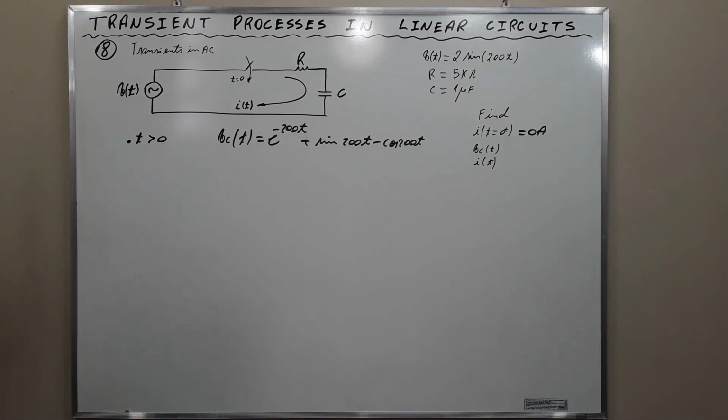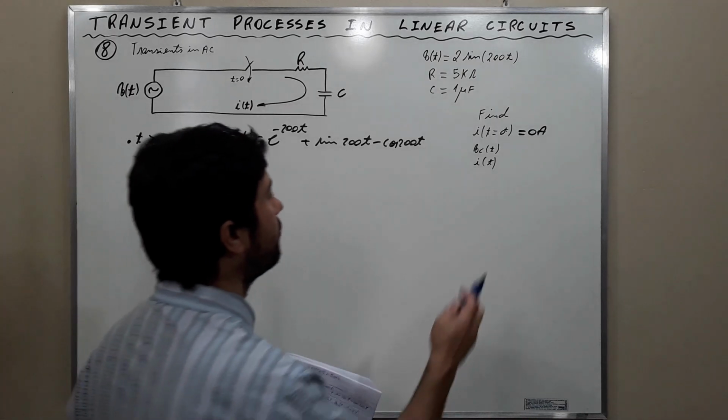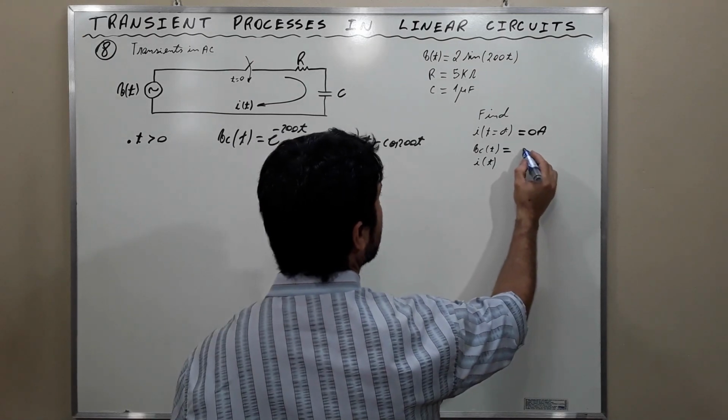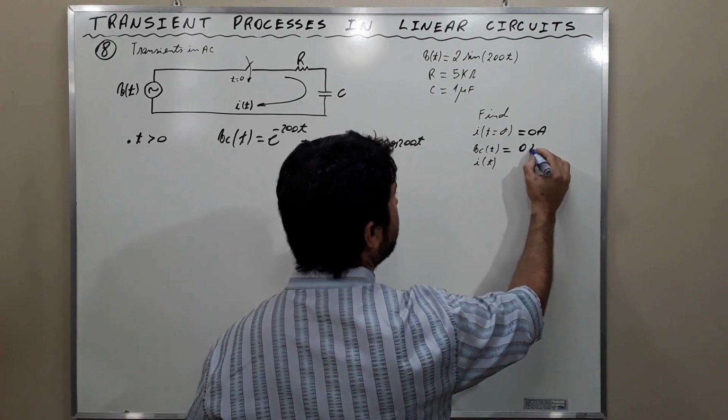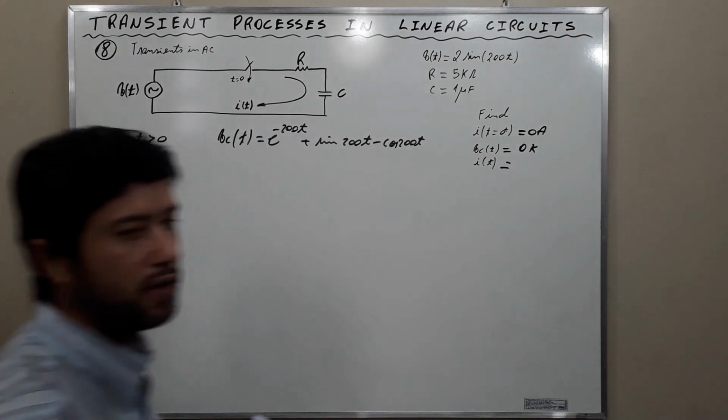To finish, from the capacitor voltage we find the current. Okay, we already found this. Now we need to find the current.